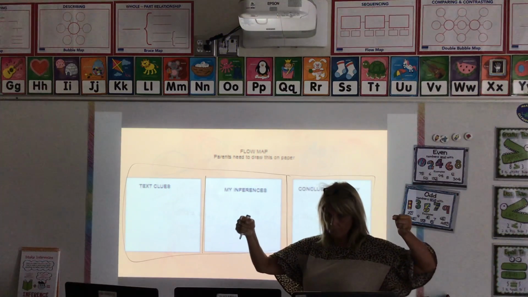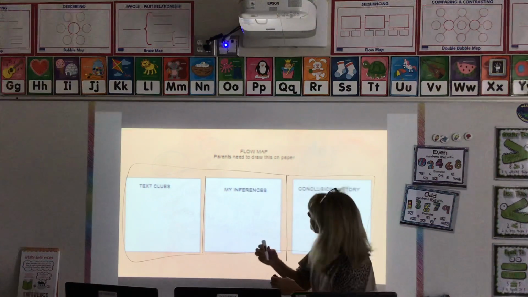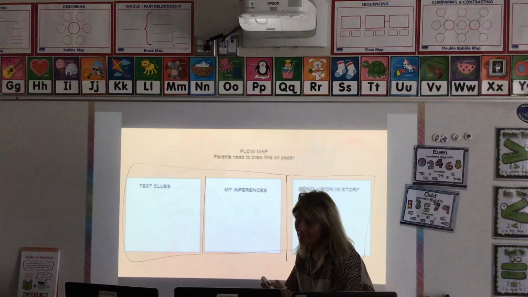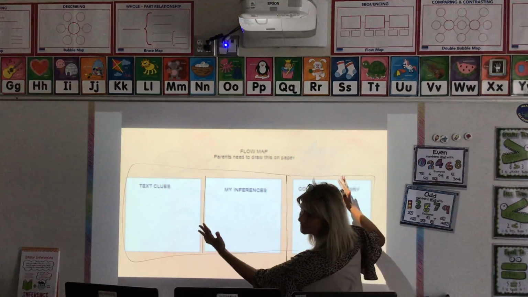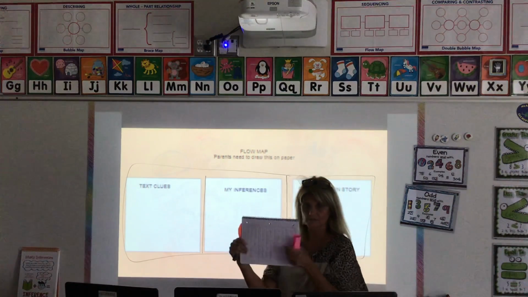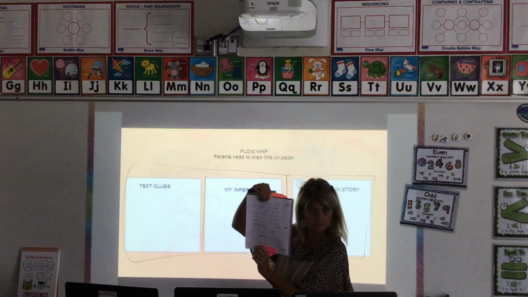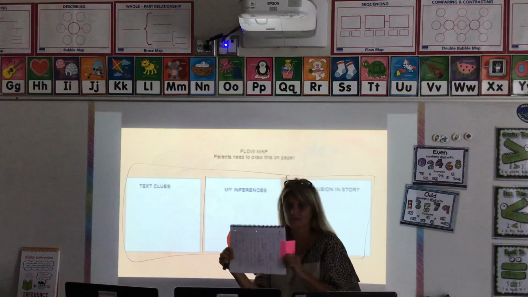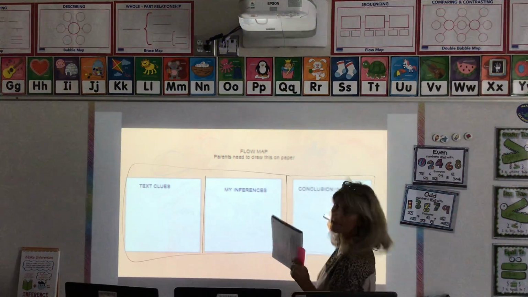Let me see you do that. Now, if you do it hot dog style, it makes your things bigger. So turn it hot dog style. Turn it hamburger style. Turn it long ways. And then it makes your rows bigger to write in.